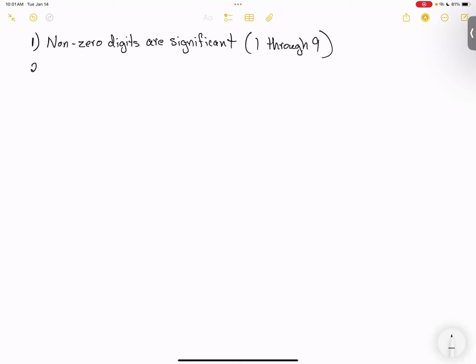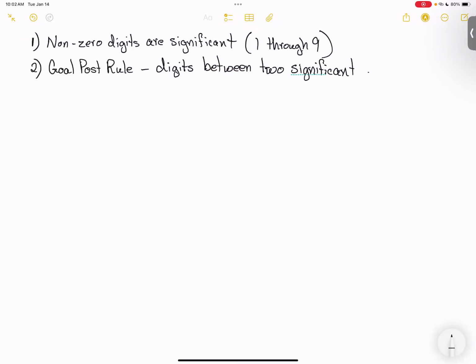The second rule I like to think of as the goalpost rule. And that is digits between two significant digits are significant.